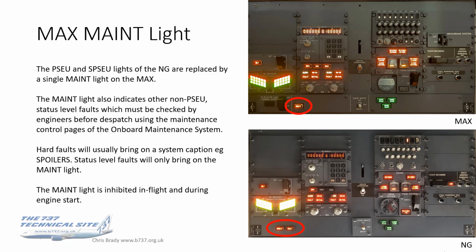And because this light is for more minor faults, that is the logic behind why it's inhibited in flight and during engine start, so it doesn't distract you. In flight, it's inhibited from when the thrust levers are above 53 degrees until 30 seconds after landing. That's the inhibit regime for this light.